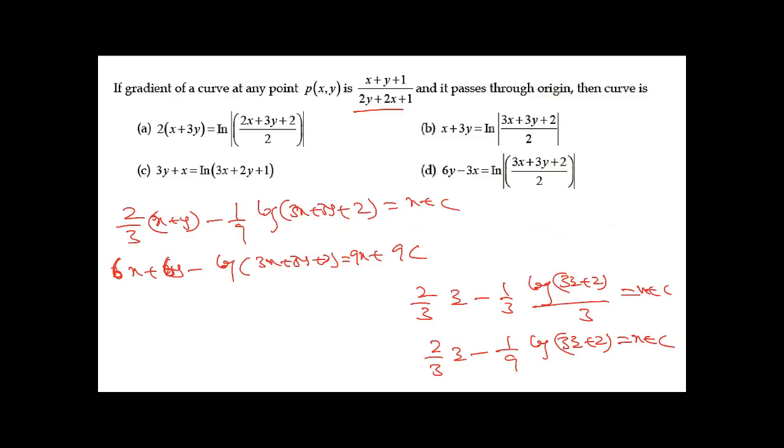Doesn't matter. So this one, bring this side. 6y minus 3x minus log 3x plus 3y plus 2 equal to 9c comes.